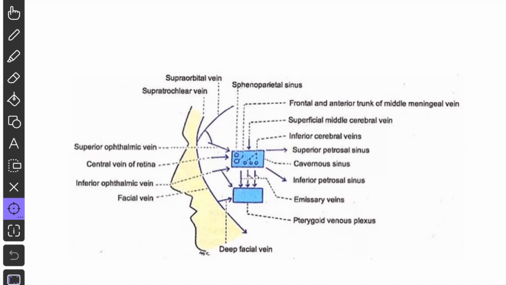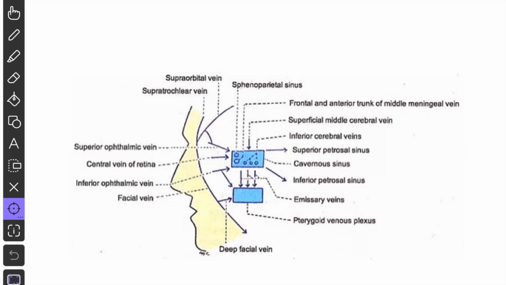Septic thrombosis of the cavernous sinus may be caused by numerous communications from the dangerous area of the face, the orbit and the pharynx. So this is manifested by severe pain in the eye and the forehead along the distribution of the ophthalmic nerve.